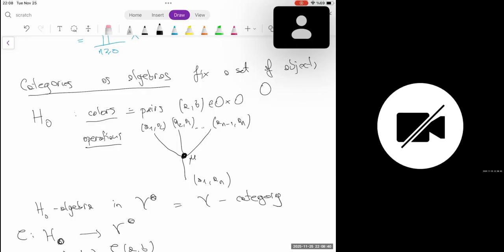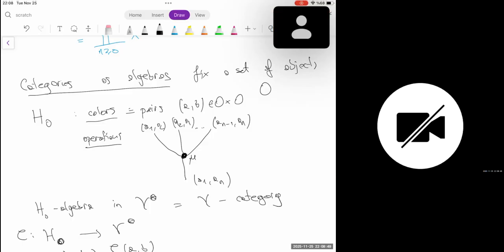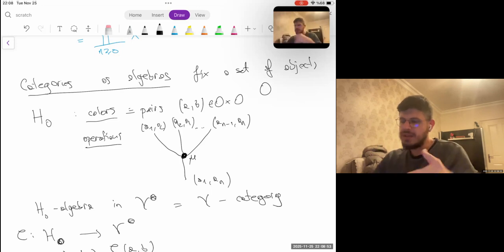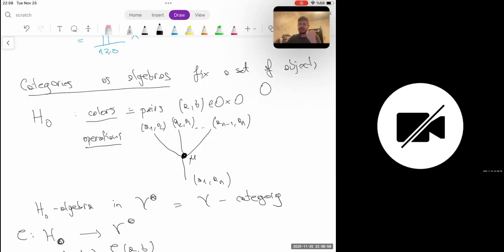And it has a single operation, whatever we call it, mu, from a sequence of colors. It's a sequence of these pairs, and the sequence has to be of the form (A1, A2), (A2, A3), and so on until (A_{n-1}, A_n).